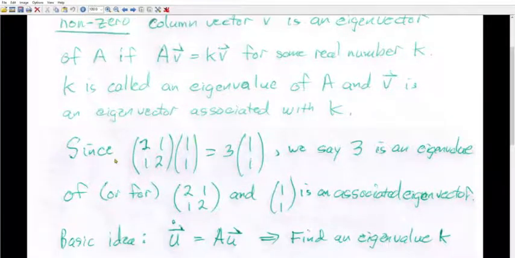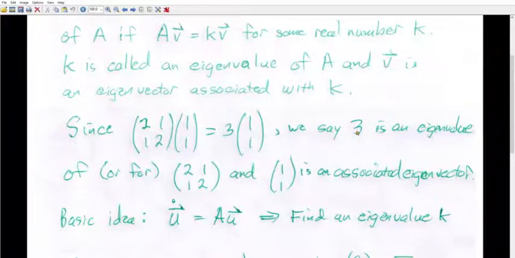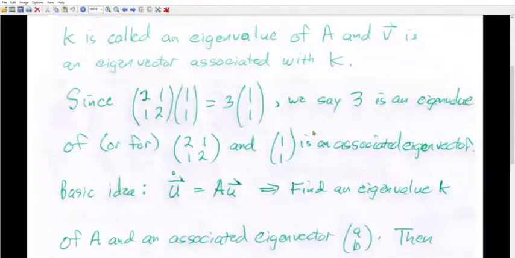Okay, and in this last problem, [2, 1; 1, 2] times (1, 1) was 3 (1, 1). So 3 is an eigenvalue of the matrix A, and (1, 1) is an associated eigenvector.